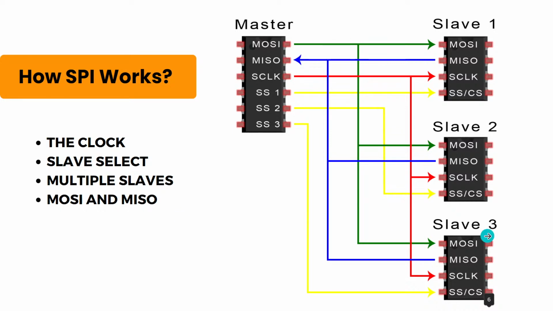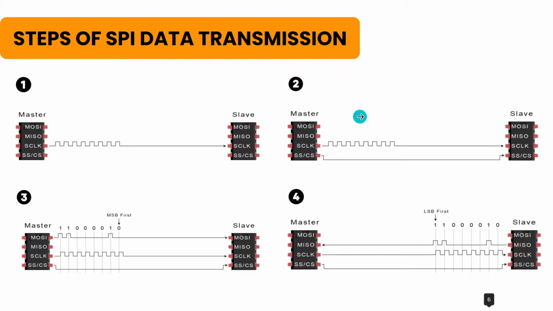Now let's see clearly how it actually sends and receives the data. The first step is the master outputs the clock signal. Using the clock signal line, the master outputs the clock signal to the slave. Then the master switches the chip select pin to a low voltage state, which activates the slave.